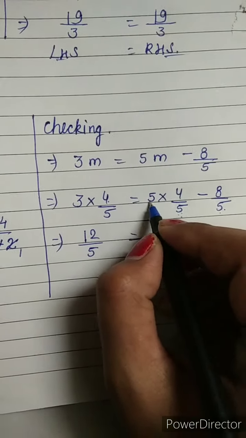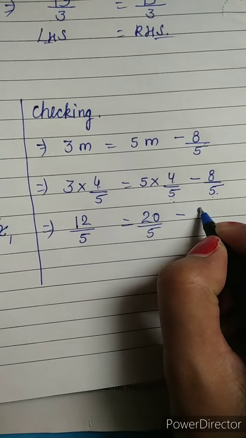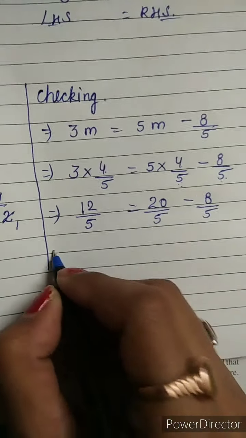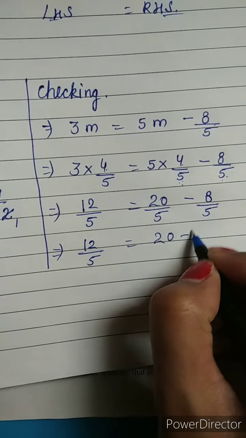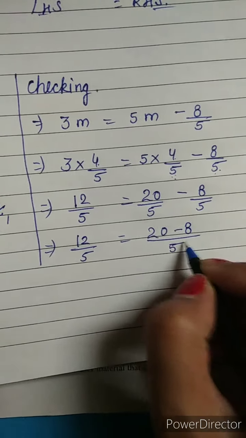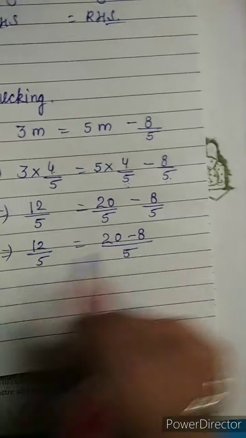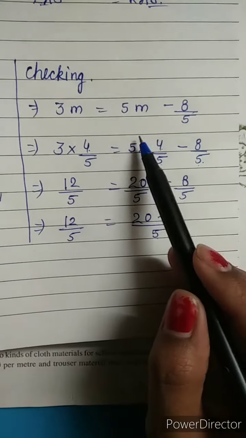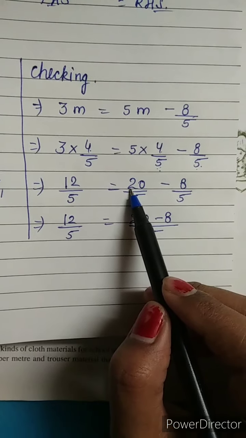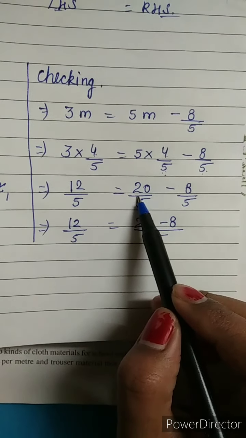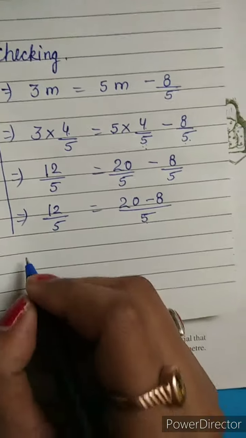5 4s are 20 by 5 as it is, minus 8 by 5, is equal to 12 by 5 as it is. Here 20 minus 8 by 5 because both fractions have 5. Now maybe you can understand why I did not cut this 5 with 5, because if I cut it, on the place of 20 only 4 will remain, and again we have to do cross multiplication, and that process will go on so long.